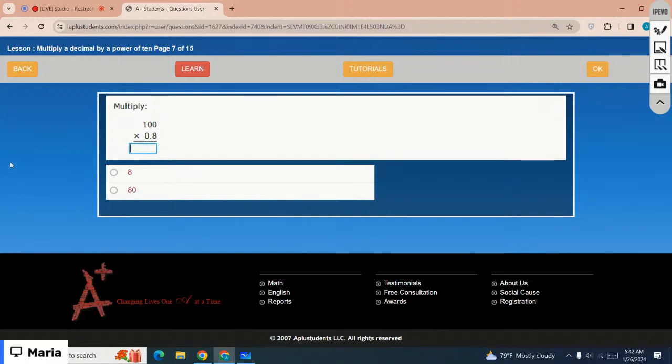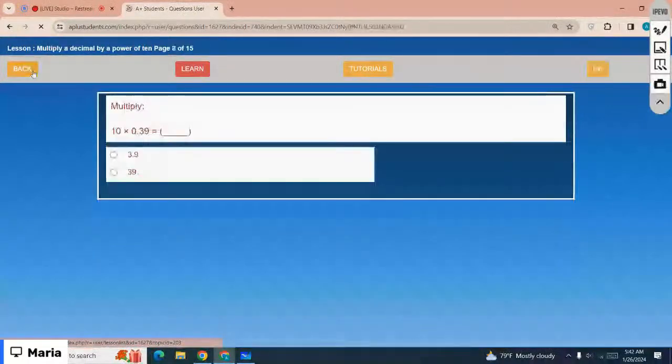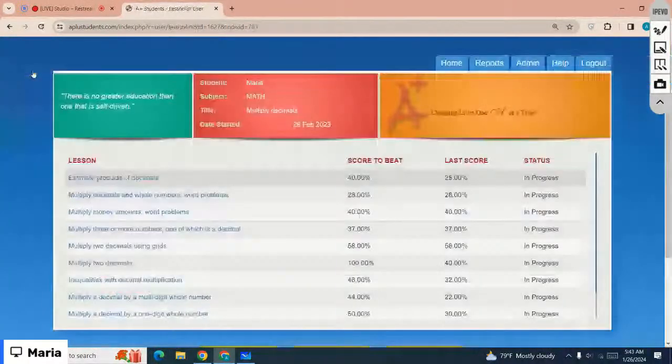The correct option is 80. Very good. Okay, you can complete the lesson by yourself later today. 80, not 8. You need to move the decimal point two places right. So that would be 80, right?